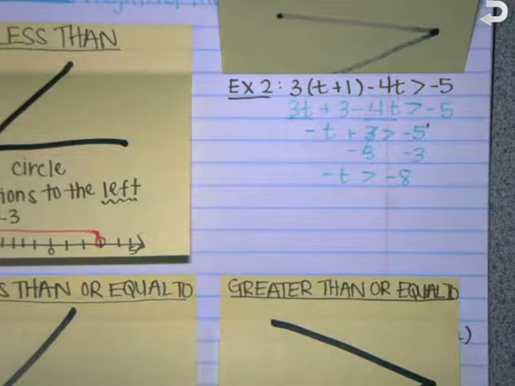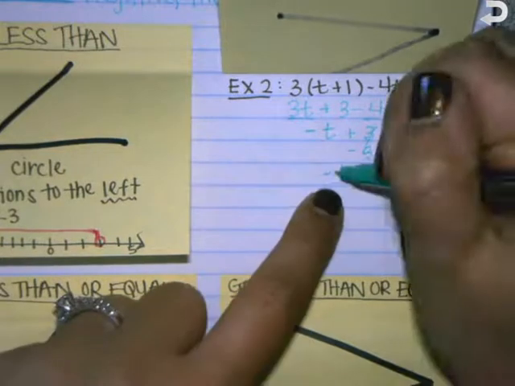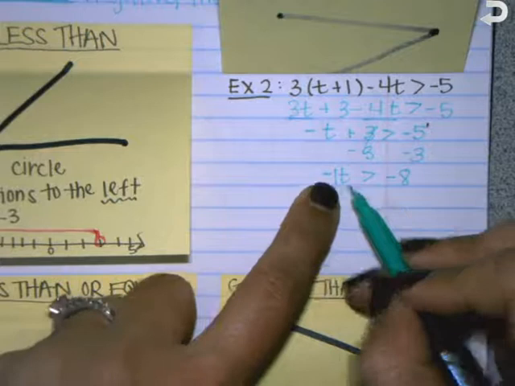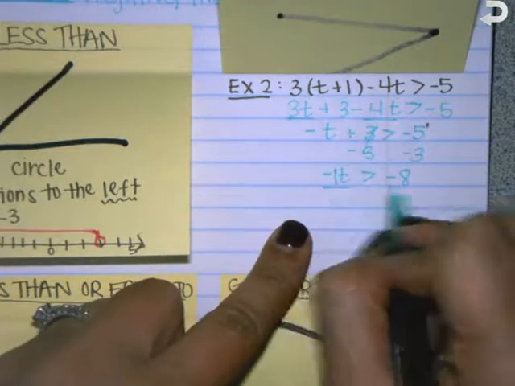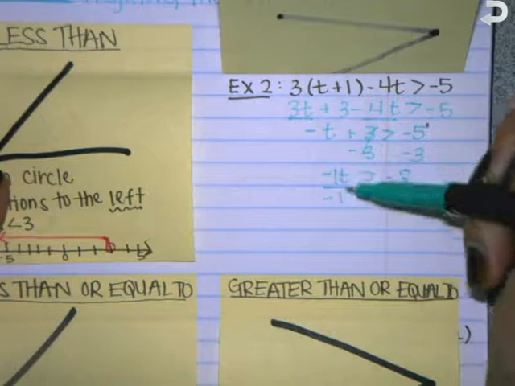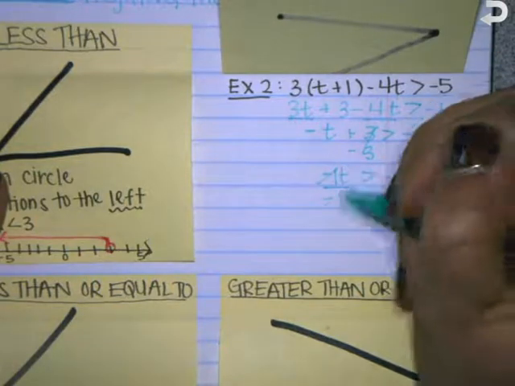Am I asking you to solve for negative x, or am I asking you to solve for positive x? Positive x. So this is actually a negative 1 times t. So in order to get rid of that negative 1, I would have to divide both sides by negative 1, because negative 1 divided by negative 1 gives me positive 1.